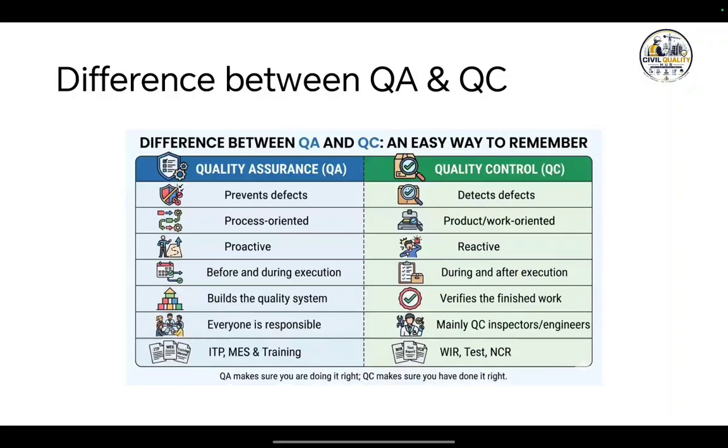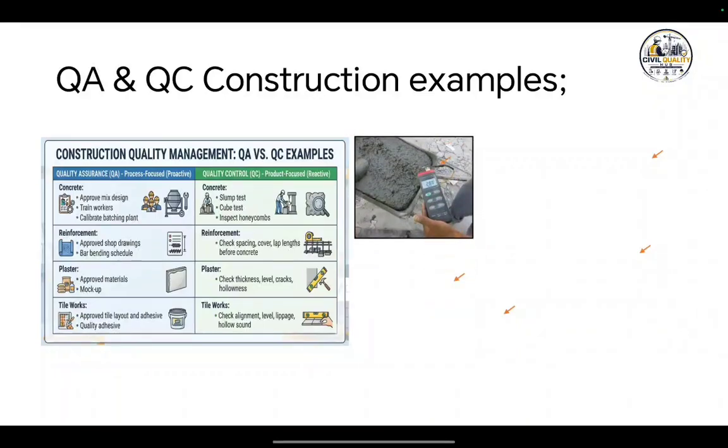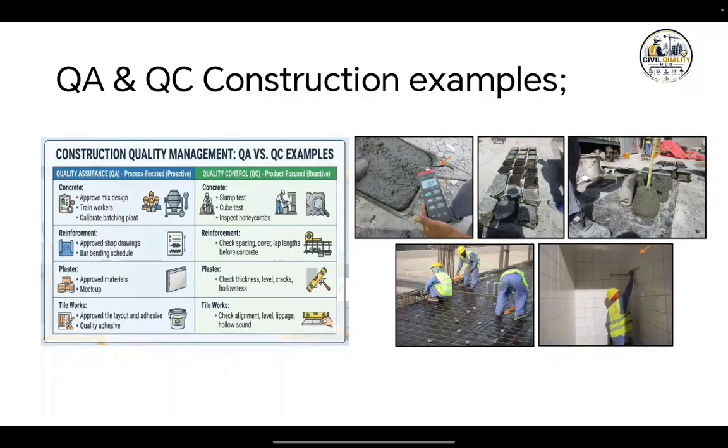So let us go to slide 6 for construction examples. Let's understand with some real construction examples. There are a few images.